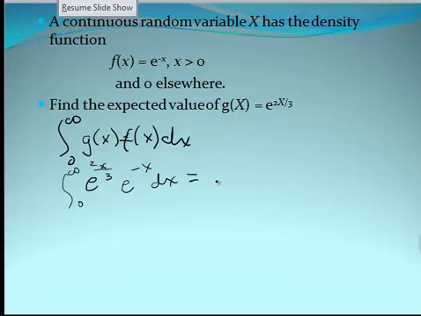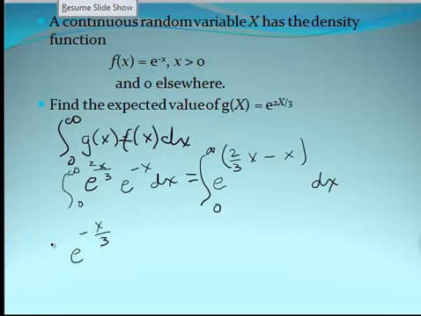So then we can say that is equal to e to the 2/3 x minus x, and all of that is integrated 0 to infinity dx. So now we can simplify this. Look, 2/3 x minus x is just minus 1/3 x. So minus x over 3. And integrating 0 to infinity dx.